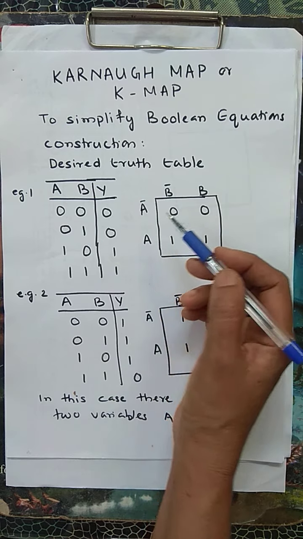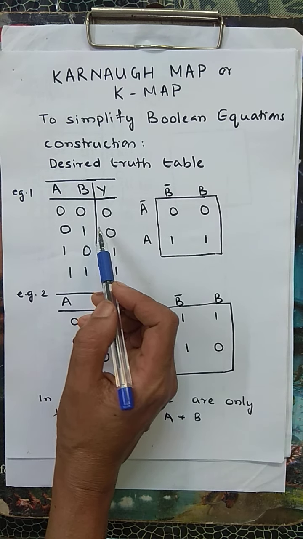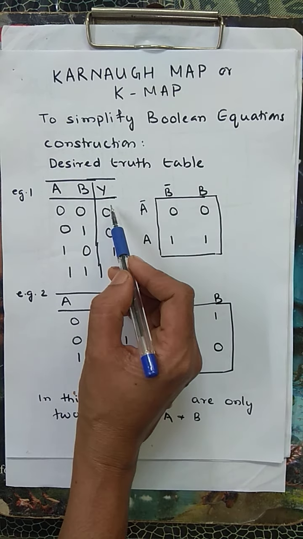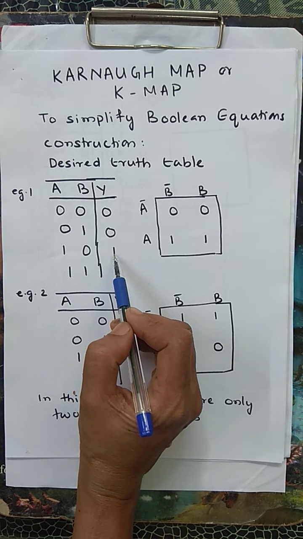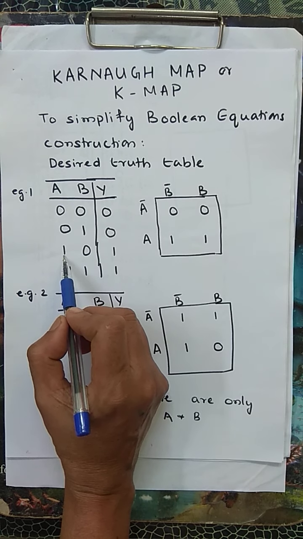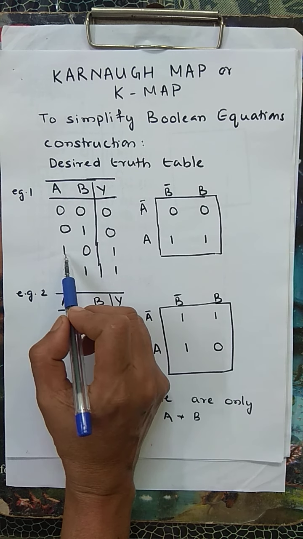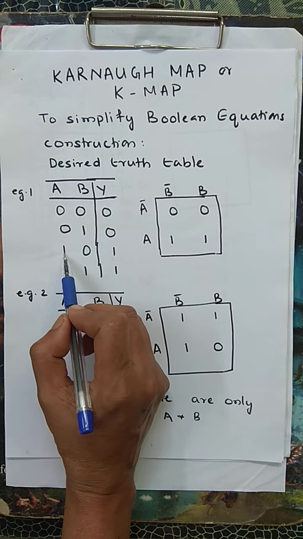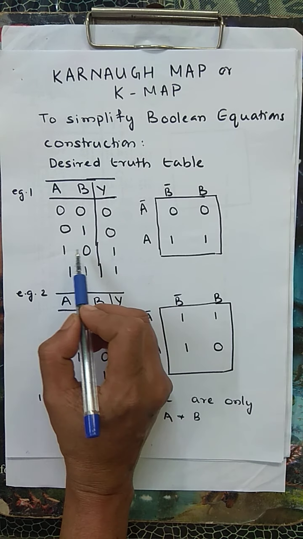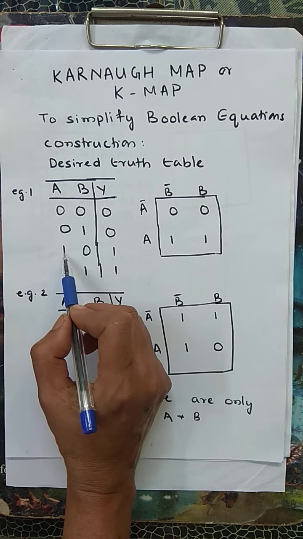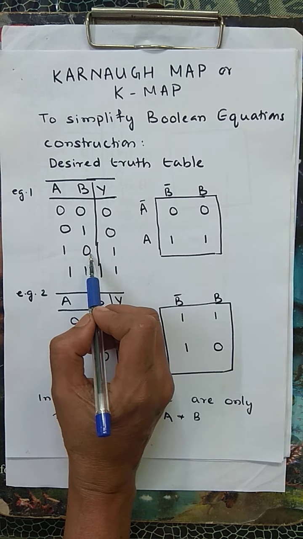Now you have to look at the products in which you get the high output. This is 0, this is 0, this is 1. That means you will get an output 1 when this is the product. What is the product here? It will be A B complement. Is it not? Output is 1. Here A is 1 means it is A, B is 0 means it is B complement.